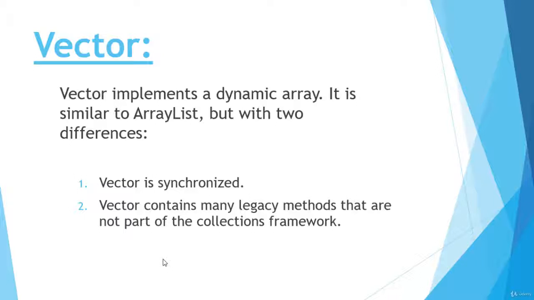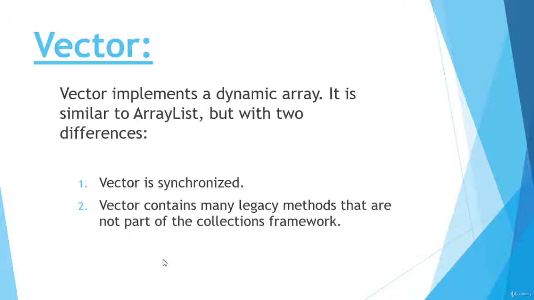So this corrupts the data. In that case, we use synchronization. We synchronize our code. So if one user enters that code, until he completes his execution of that program, the other user cannot enter that code. That is called synchronization.